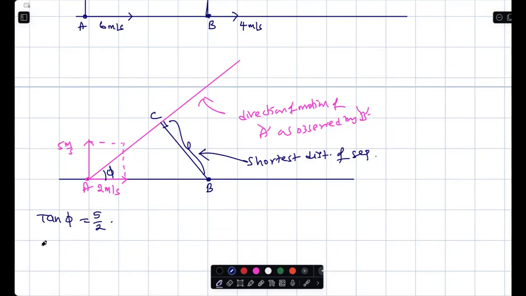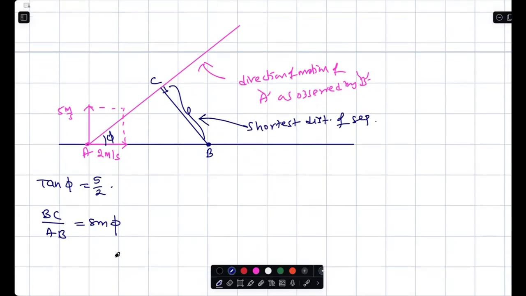So BC by AB is sin phi. Remember, if you know tan phi, you can find anything. This is 2, this is 5, this is root 29, because 5 square plus 2 square under root. Sin phi is nothing but 5 by root 29.